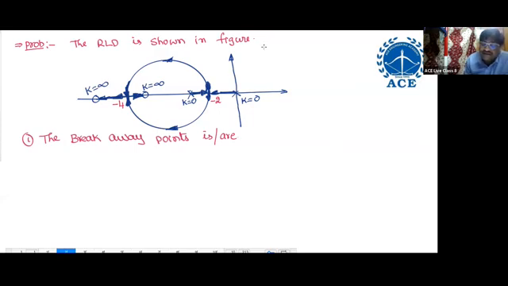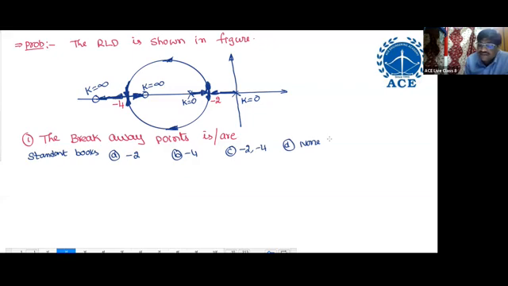See here, based on the options you have to select. If that fellow framed the question from standard books, no doubt he will give options like this: option A, -2; option B, -4; option C, -2, -4; option D, none.